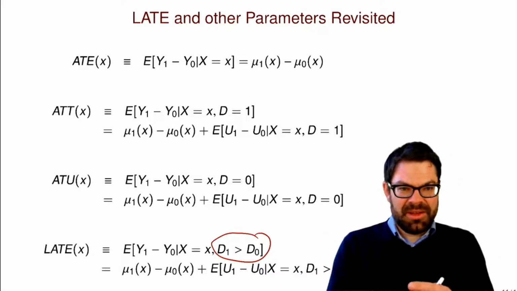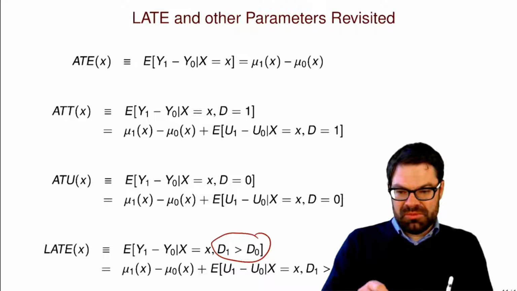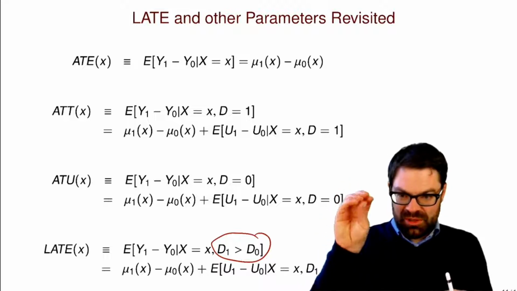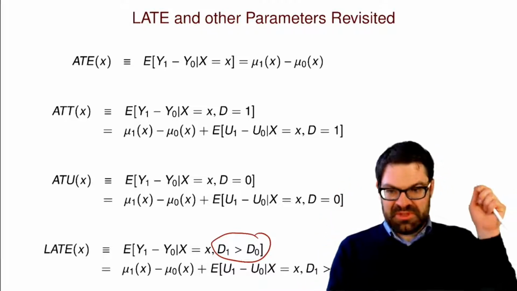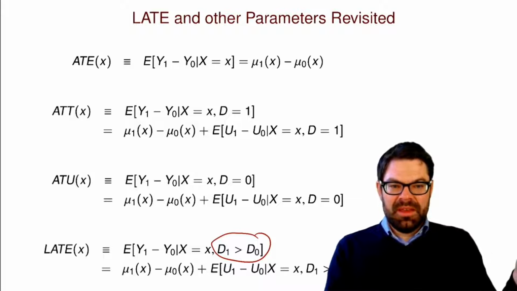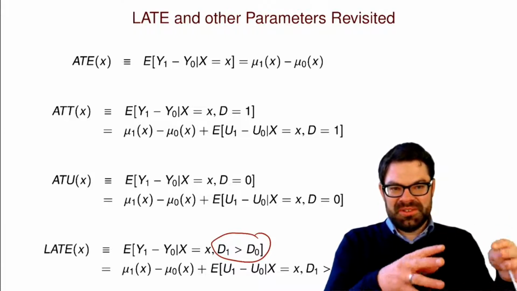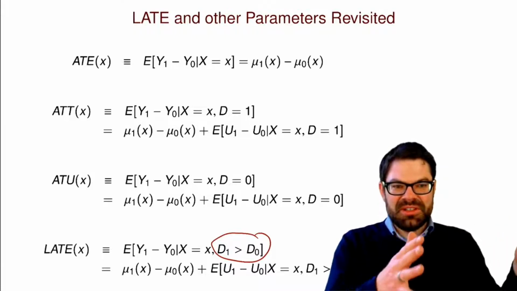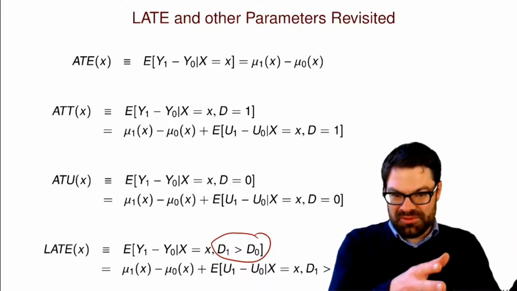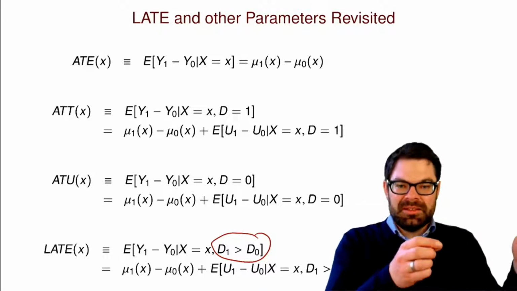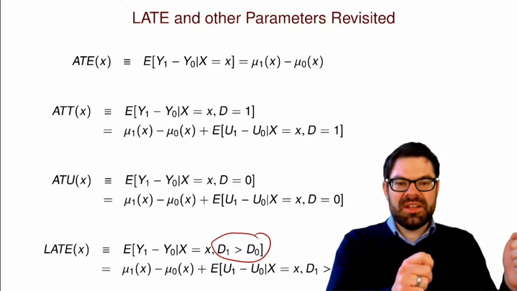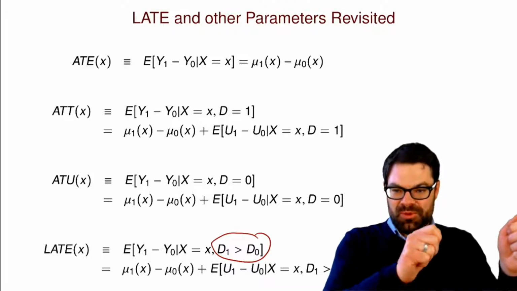So again, think about a population where you line people up from the person with the lowest gain from treatment to the person with the highest gain from treatment. And then think that only those with a sufficiently high gain from treatment actually take the treatment. Then the average treatment effect on the treated is the average treatment effect for those people.